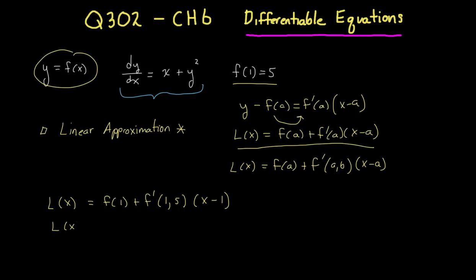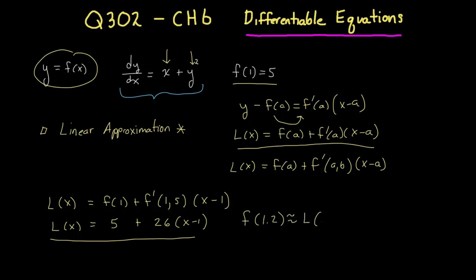Filling this in further gives me 5, I know that, plus, now I determine the slope by plugging 1 in for x and 5 in for y. 5 squared is 25 plus 1 is 26, times x minus 1. So there's the linear approximation, and I can approximate f of 1.2, that's going to be approximately the line at 1.2, which is 5 plus 26 times 1.2 minus 1, which is 0.2, and whatever answer this is would be the approximation.